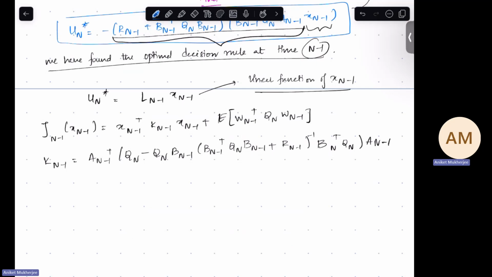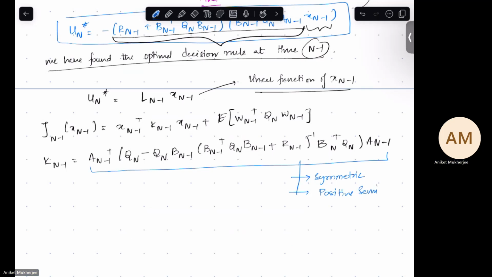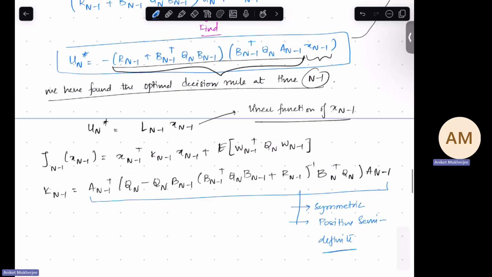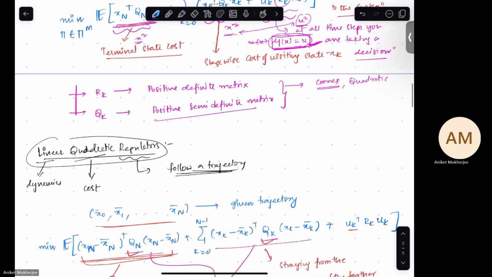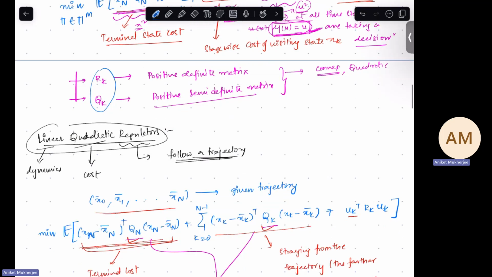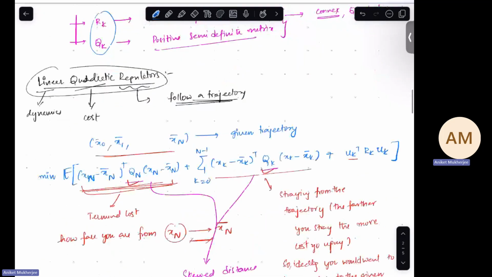So if you observe this Kn minus 1, what you'll see is this is symmetric and it's also positive semi-definite, under the assumption that Rk is positive definite and Qk is positive semi-definite.